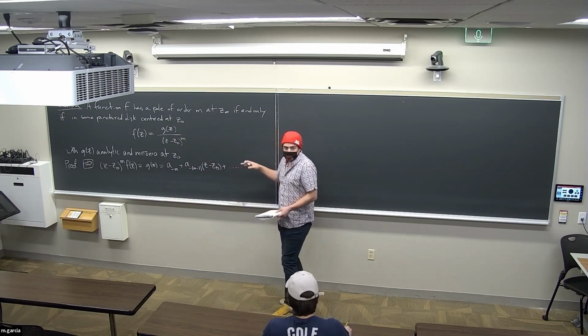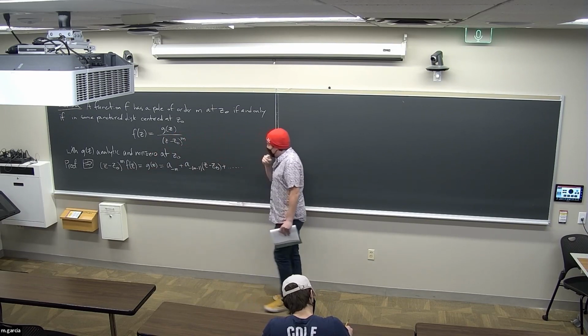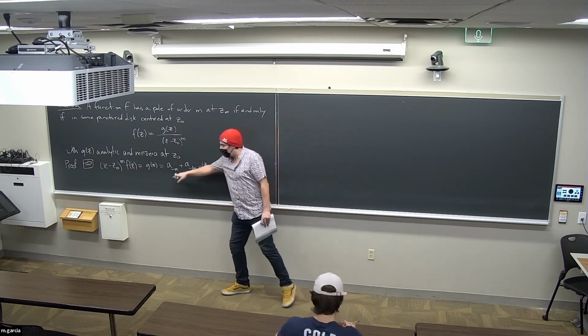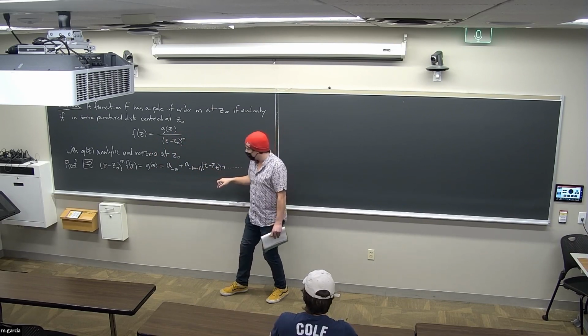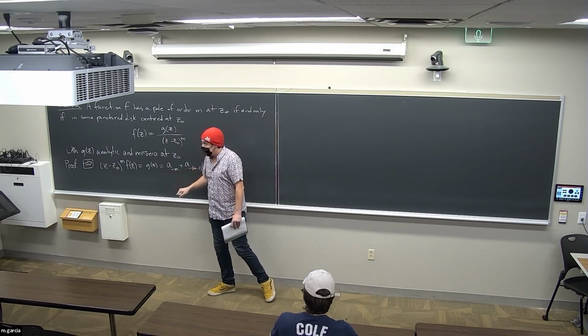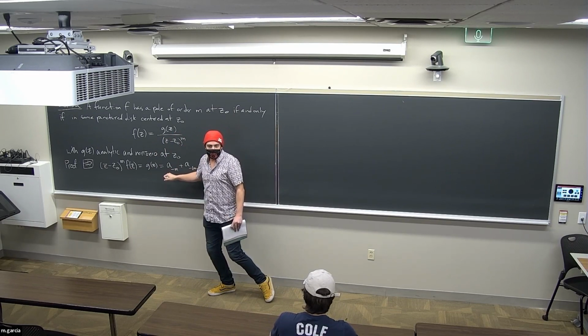We're canceling by multiplying by z minus z naught to the m. We cancel all the negative powers of z minus z naught in the Laurent expansion, this being the least non-zero coefficient in the Laurent expansion.